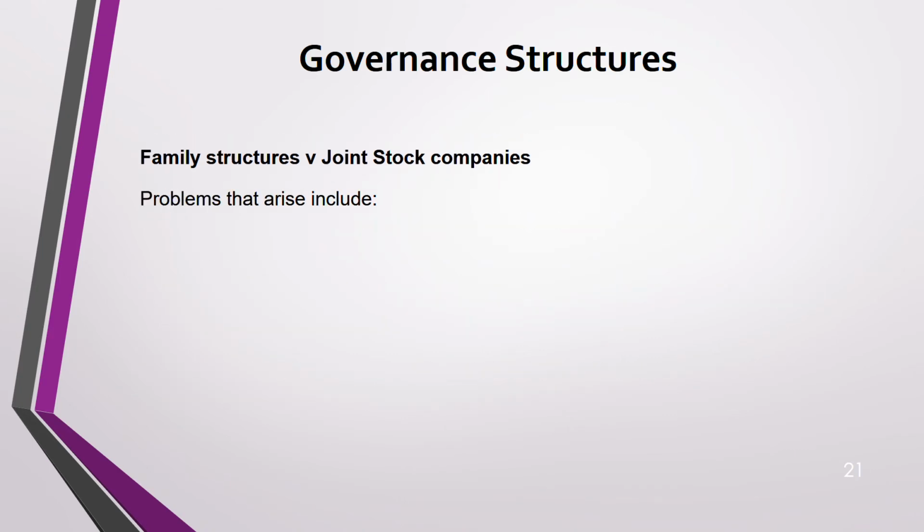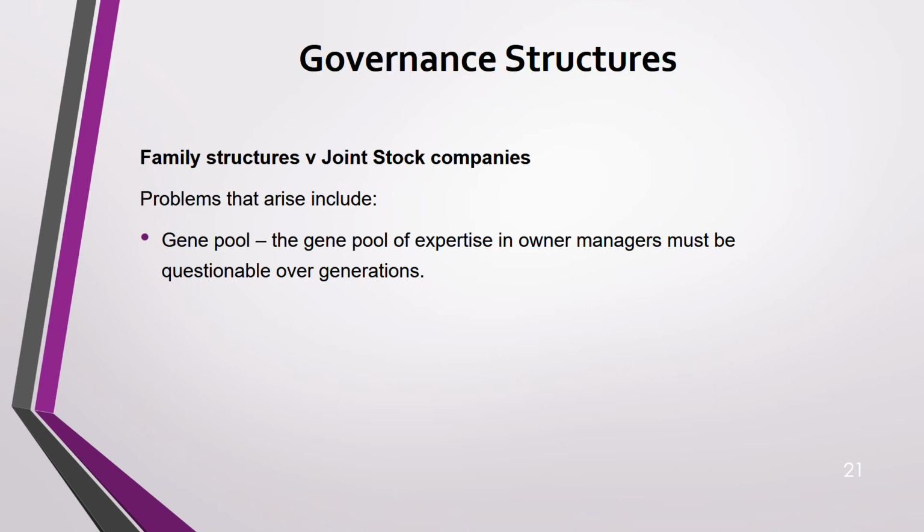Coming to the disadvantages, problems. Gene pool, what is it? See, the gene pool that is there, it is the same people. When it is the same family, they'll be having similar talent because they are exposed to the same environment. Everyone thinks alike.